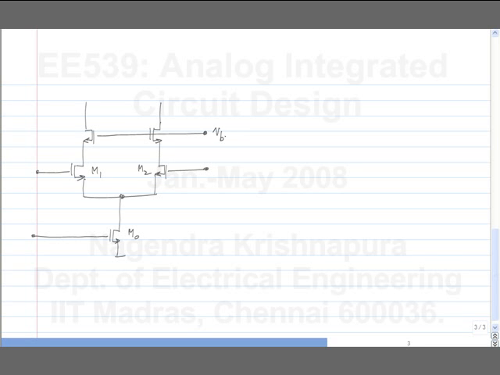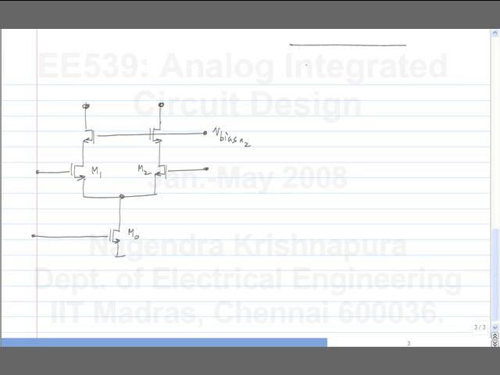Let me just call it V bias N2. Now clearly I cannot use this with the active load as it was, because then I would have reduced the output resistance of one side but not the other side, which will dominate anyway. Okay.